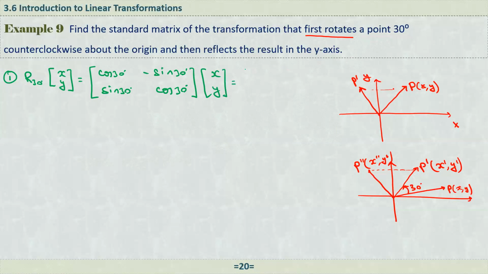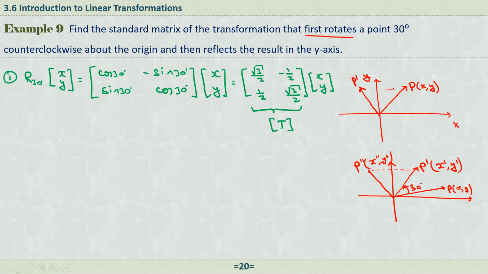So which is equal to cosine of 30, square root of 3 over 2, sine of 30, 1 over 2, minus 1 over 2, square root of 3 over 2. So that is the standard matrix of this transformation. Let's say this one is T.